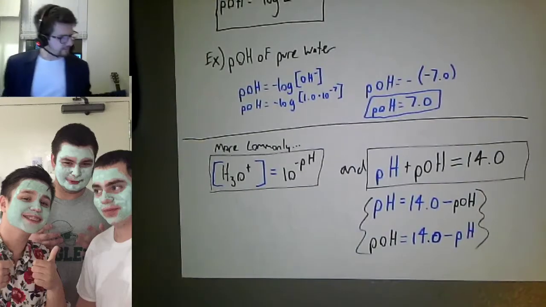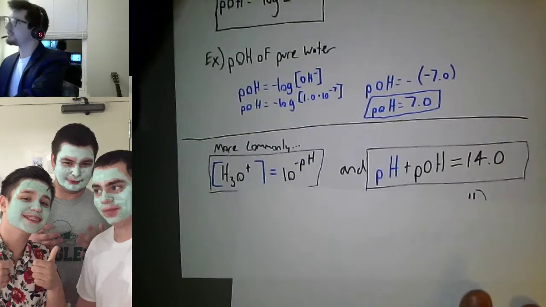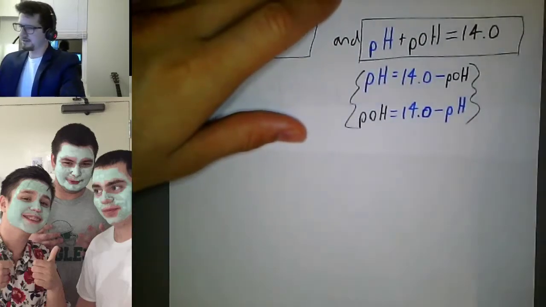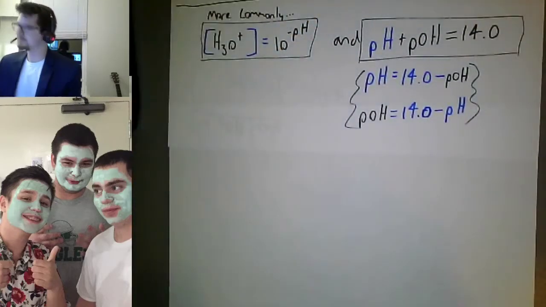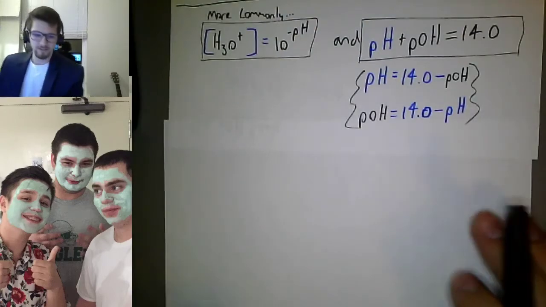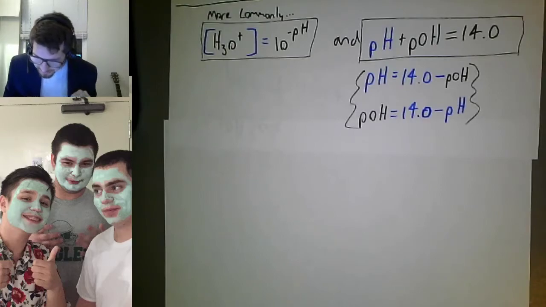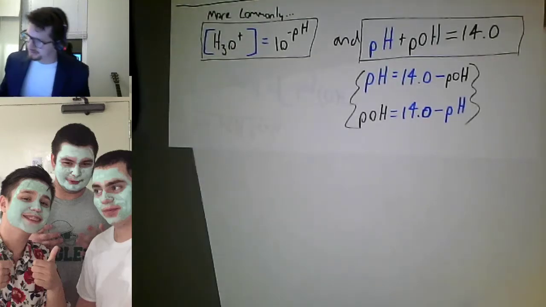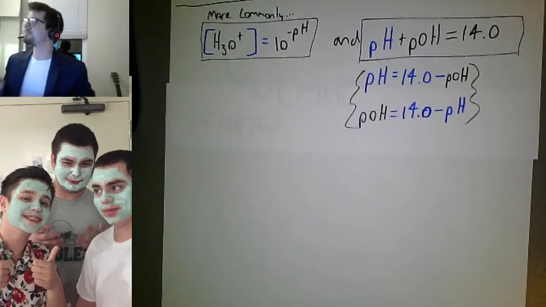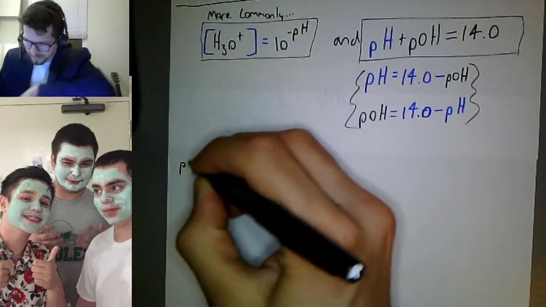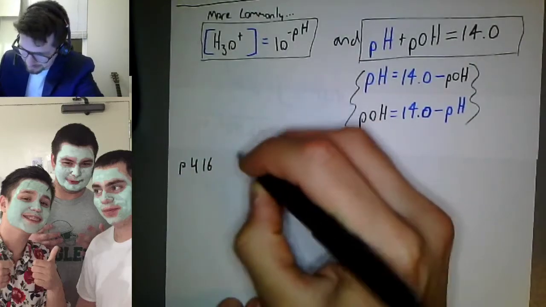I'm actually going to use a completely separate piece of paper so I can keep this on the page at all times so we can reference it. There we go. Okay, so I'm going to be working in the book on page 416, and I'm going to show you guys how this is applied. On page 416, I have example problem 16-4.